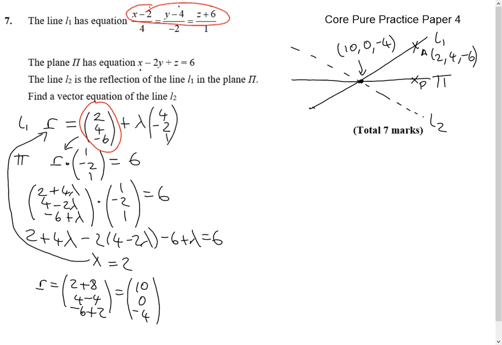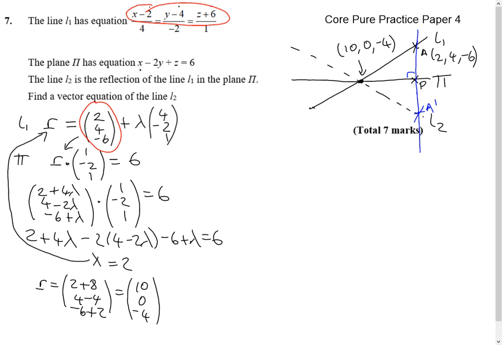So what we could do is find the equation of a line that goes through the plane at 90 degrees to the plane, and goes through point A on line 1. Then we could use that to find the image of A on line 2 after it's been reflected.